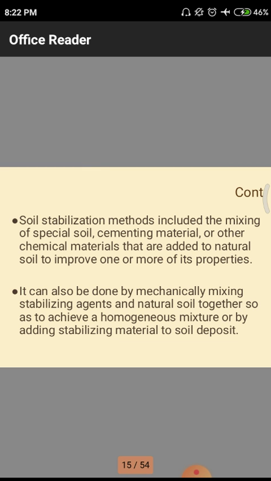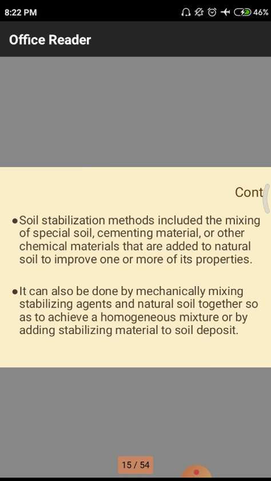If we do this mixing process with humans, it will take a lot of time, and the stabilization will take years and years. In case we use machines, it will decrease the time and increase the property and strengthening mechanism.